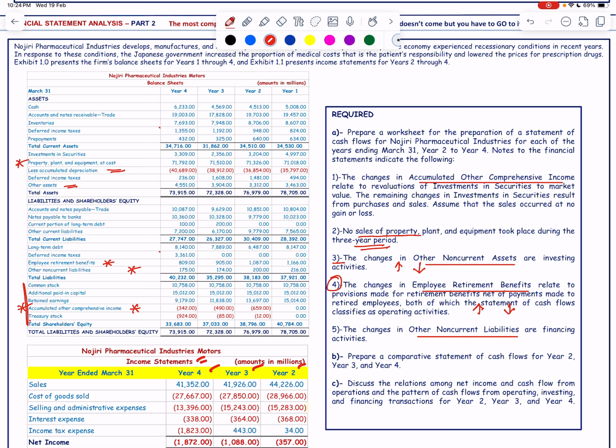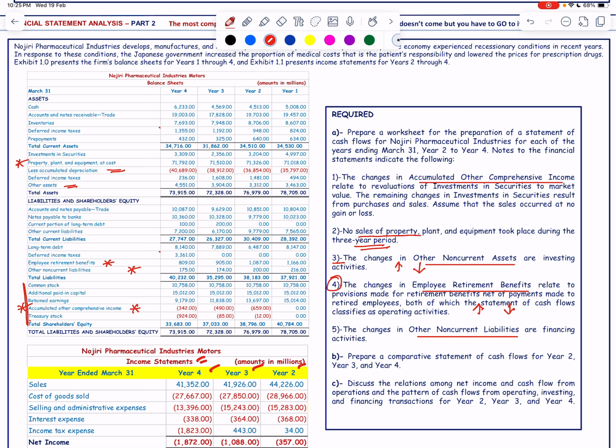So an increase in other non-current liabilities means cash inflow in financing activities, and a decrease in other non-current liabilities means cash outflow in the financing activities. So this treatment ensures that changes in long-term obligations such as debt or pension liabilities are accurately reflected in the financing section of the cash flow statement.